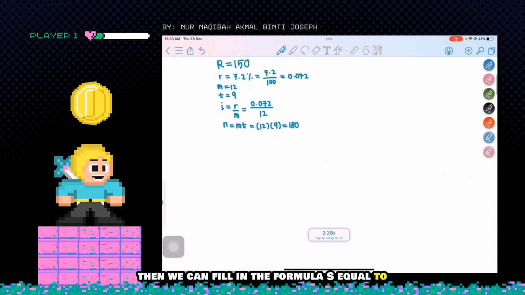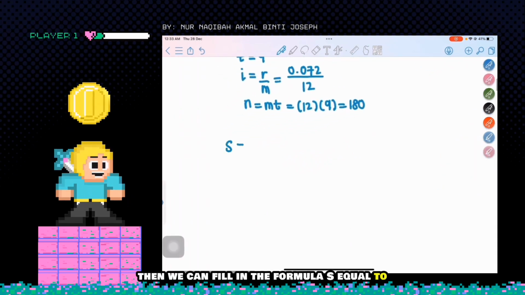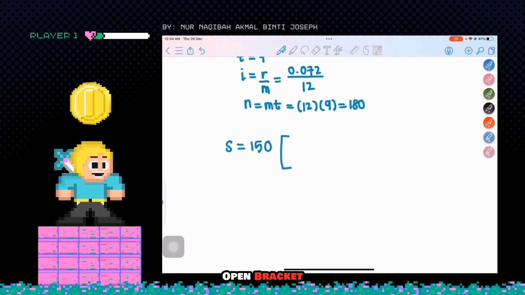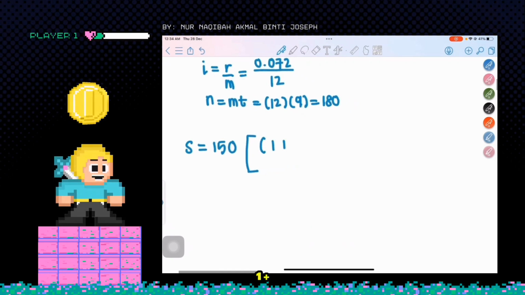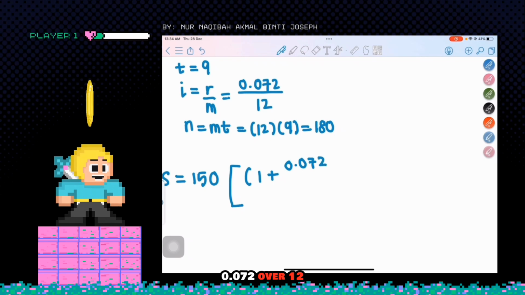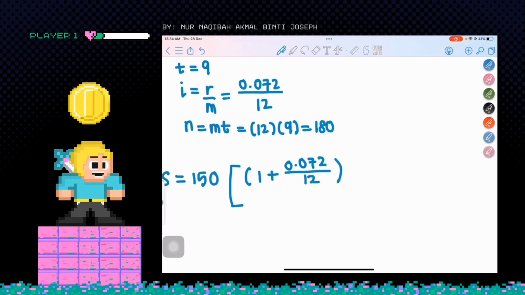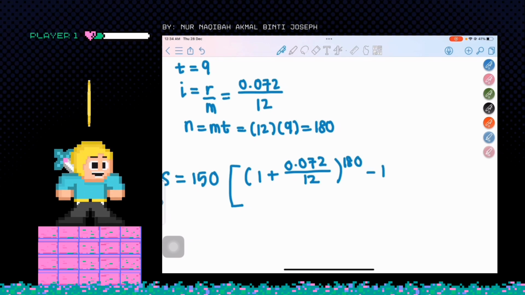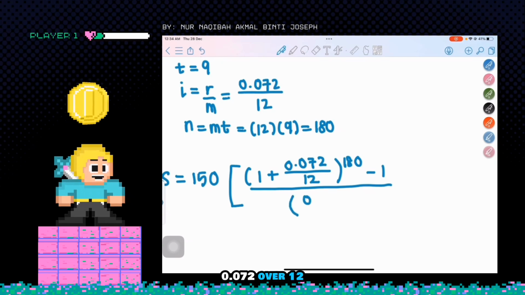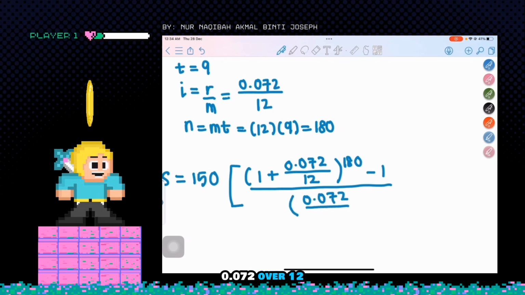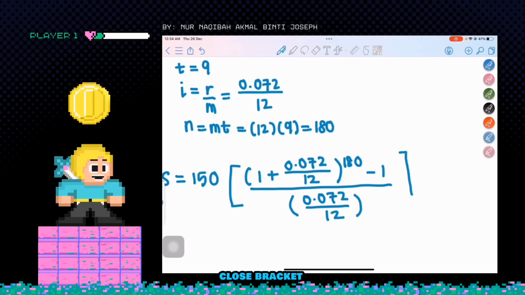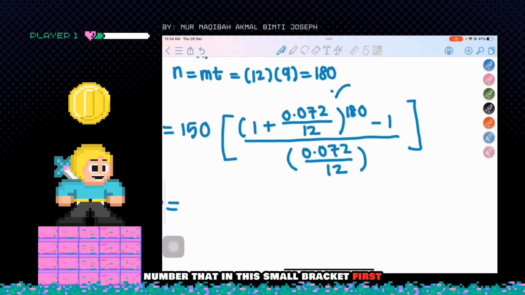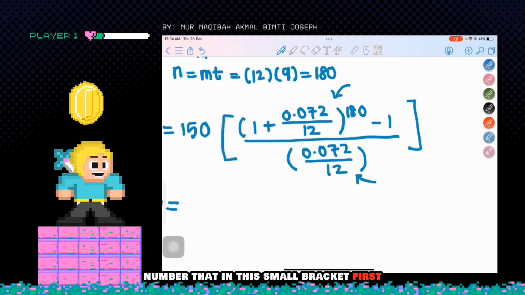Then we can fill in the formula: S equals 150 times open bracket, 1 plus 0.072 over 12, to the power of 180, minus 1, over 0.072 over 12, close bracket. First we need to solve the number in this small bracket first.